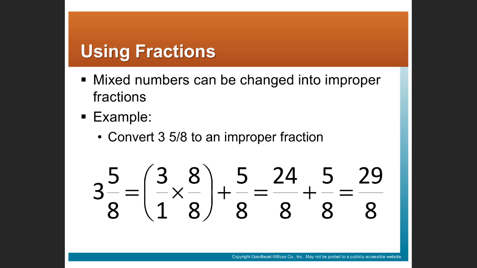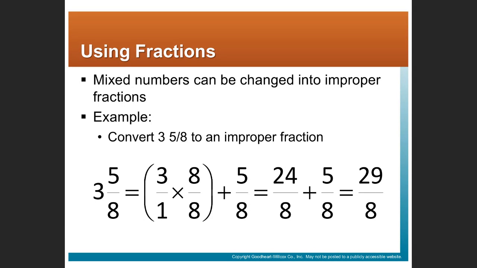I thought there was a definition, maybe I missed it, of a mixed number. A mixed number consists of a whole number and a fraction. So we can convert mixed numbers into improper fractions. Again, remember, an improper fraction is one where the numerator is larger than the denominator.